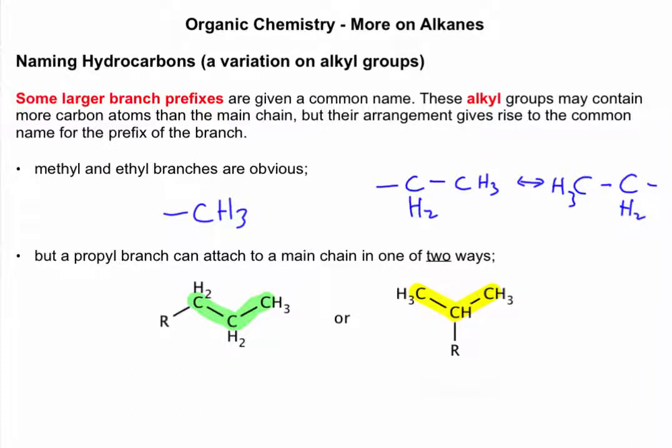And so it has to be given a different name, but we can't call it a propyl branch because we already have a propyl branch. So this is where it has a common name. The common name for that branch is an isopropyl branch. So an isopropyl branch is a 3-carbon branch, but the alkyl group, the propyl group, attaches from carbon 2 of the propyl group, not carbon 1.